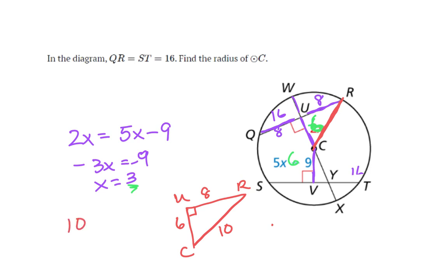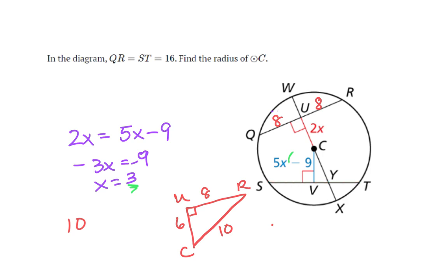So there was a lot going on within this question. First of all, we had to recognize that the two chords are congruent and they're each 16, as we were told, which gave us that this piece was 8, this piece was 8. We don't know that these were both 8 because that diameter is not perpendicular to that chord.